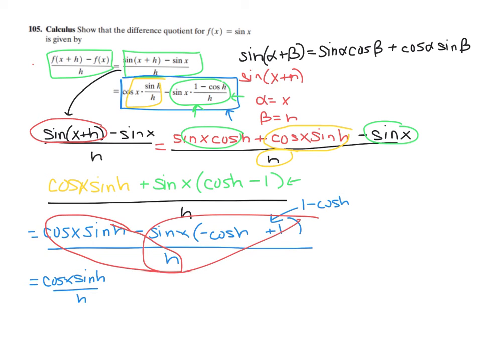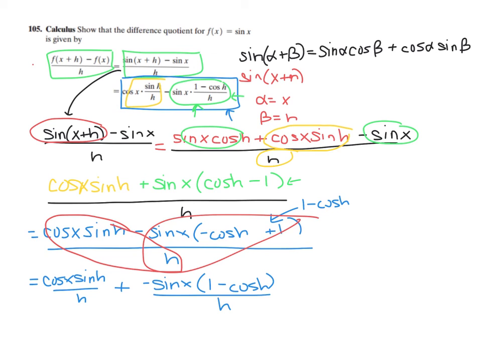Don't lose the h for the second part. So I have cosine x sine of h over h. Then I'm going to worry about my minus in just a minute. Then I get plus a negative sine of x, and I'm going to reorder the stuff inside the parentheses, times 1 minus cosine of h. This is all over h.